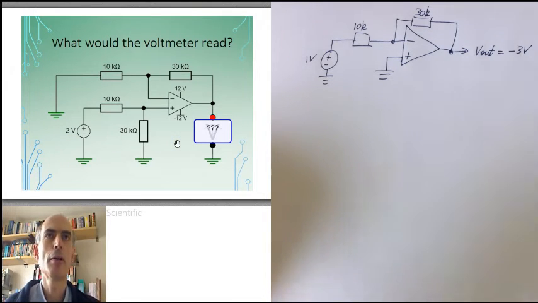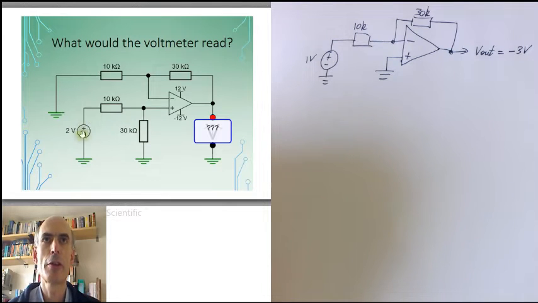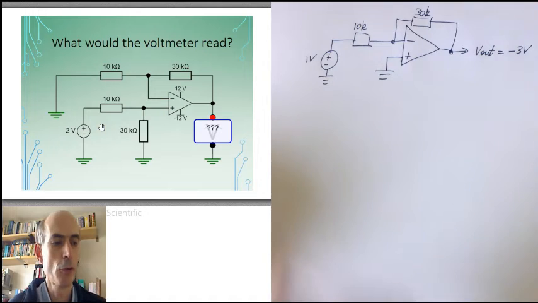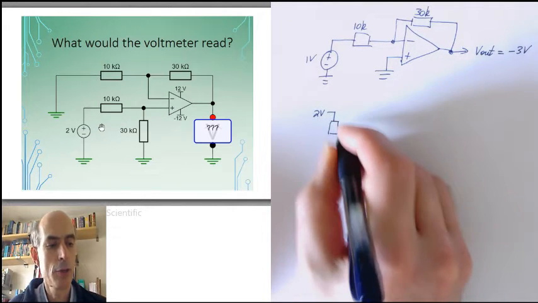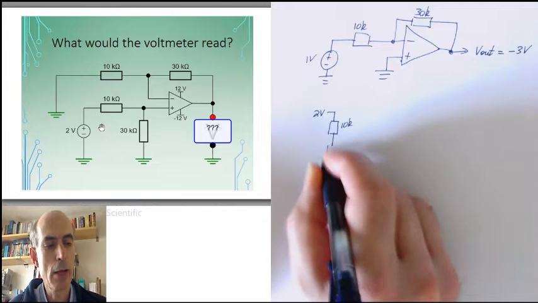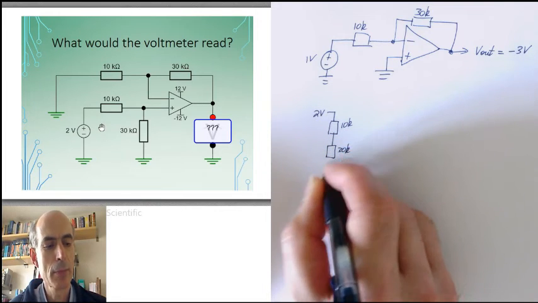This is a little bit of a more complicated circuit because we have to first consider this network here on the non-inverting input. Well, this is a potential divider. The value at the non-inverting input is going to be, in this case, 2 volts through a 10k resistor here, through a 30k resistor there.